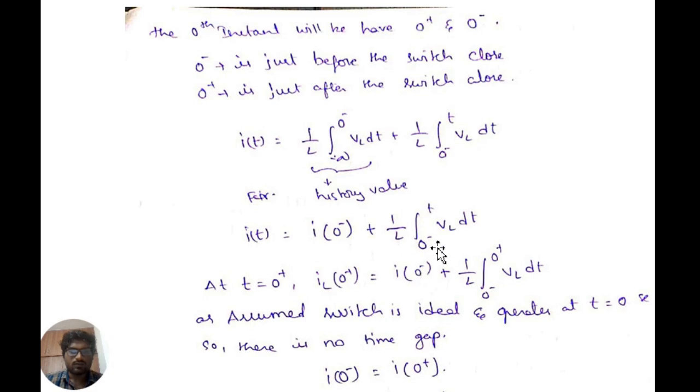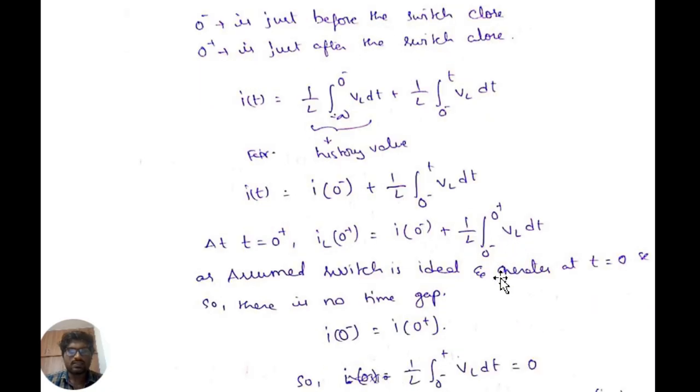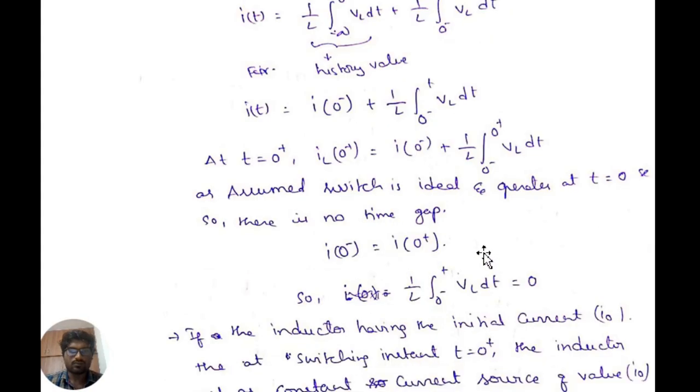So at the instant 0 plus, we can write it as the history value plus the integral from 0 minus to 0 plus. As we consider an ideal switch at t is equal to 0 seconds, it just operates, so the current change from 0 minus to 0 plus will be 0.